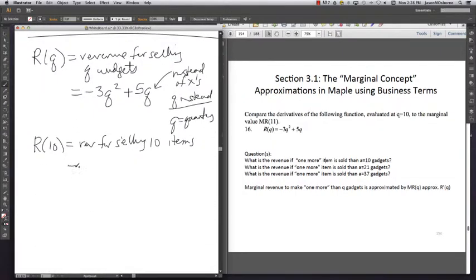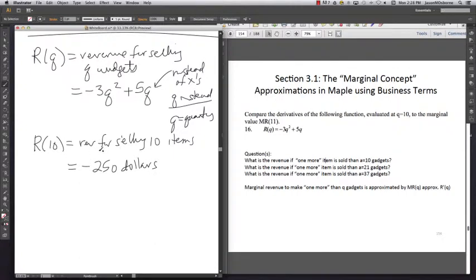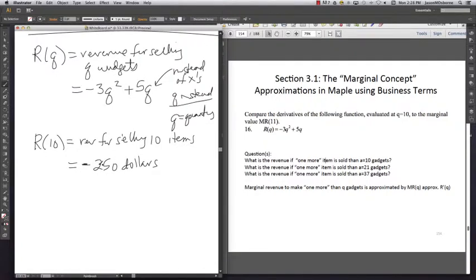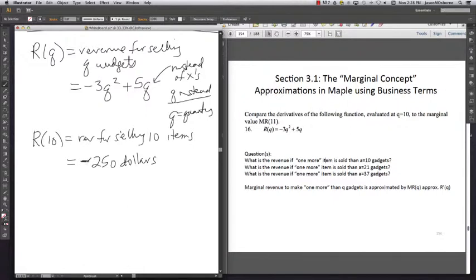So this is bad. Minus $250. So you've kind of lost some money on this transaction. The money that you've brought in is saying you're still owing somebody money to make these gadgets. We'll come up with better numbers in a second. So R of 10 is minus $250.